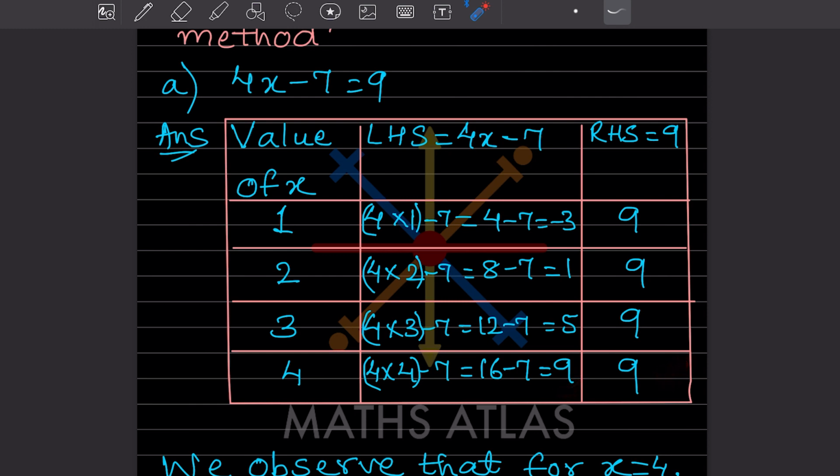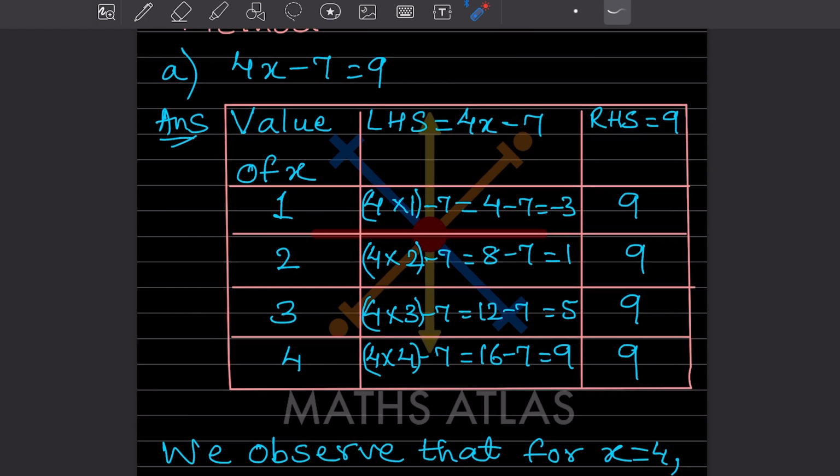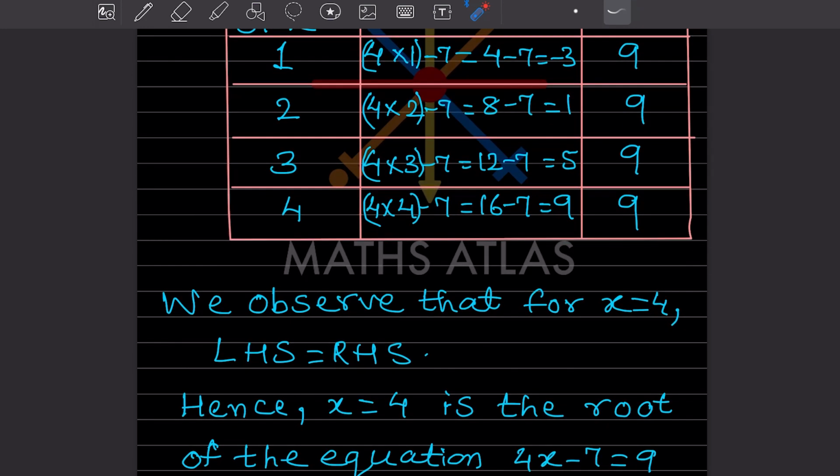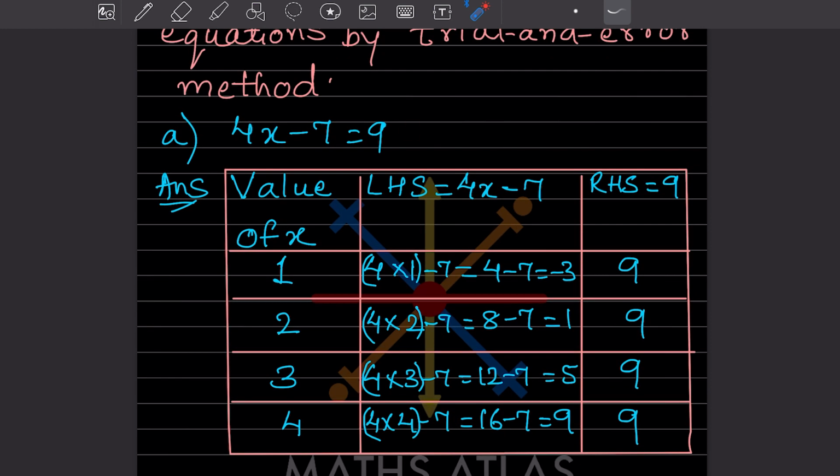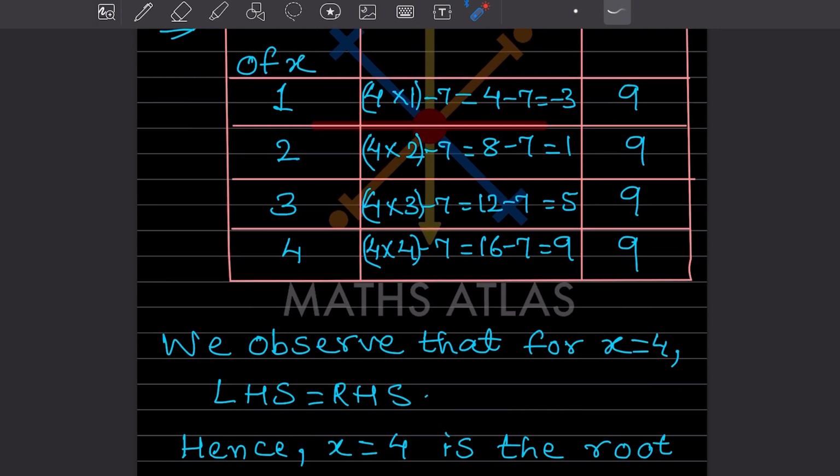So now we have to stop here. We observe that when we have taken x is 4, LHS is equal to RHS. So hence we can write x is equal to 4 is the root of the equation 4x minus 7 is equal to 9. This is the equation given.